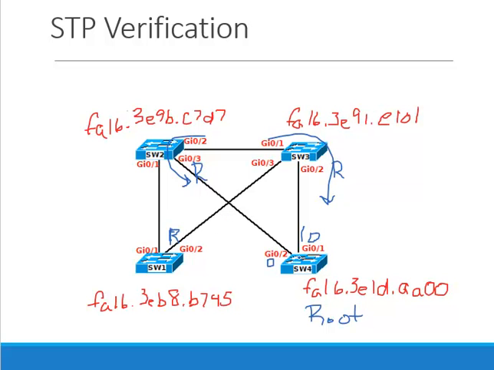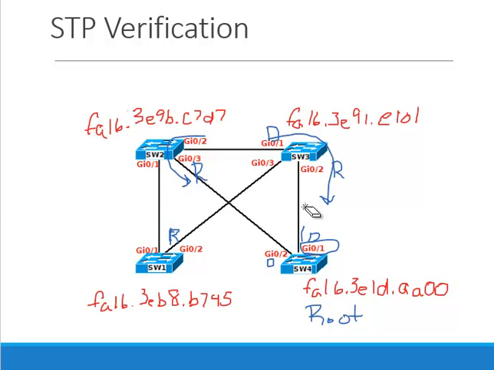Well, they have the same neighboring bridge ID also. So the next tiebreaker is interface ID. And we'll be able to break it there, because if you have the same bridge ID, it's the same device, and we don't have two interfaces labeled exactly the same. So next then is lowest neighboring port ID, which here will be gig 1.